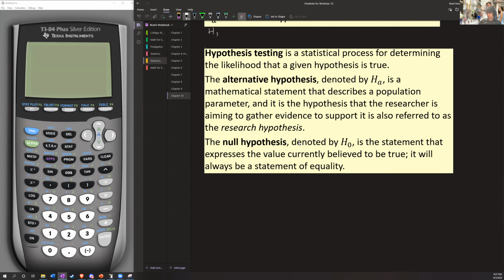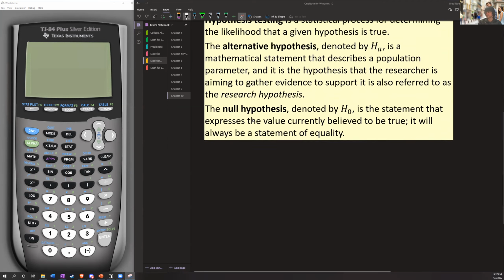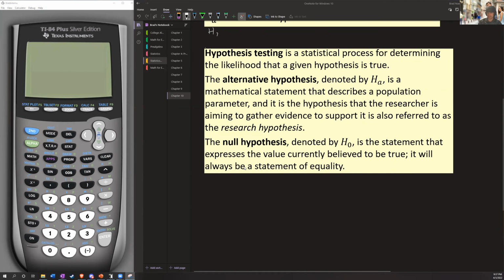The null hypothesis is the statement that expresses the value currently believed to be true. It will always be a statement of equality. So if we want to know whether or not it is different than a particular value, then our null hypothesis would be that they are in fact the same. Okay. Now we are going to have different tailed tests.